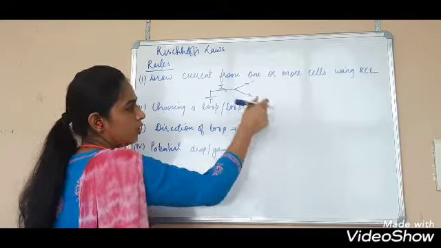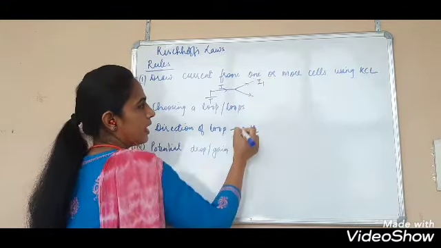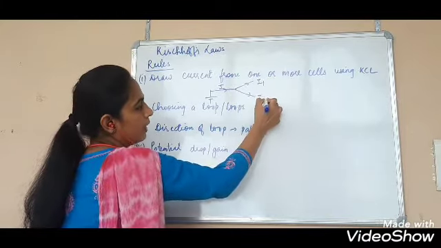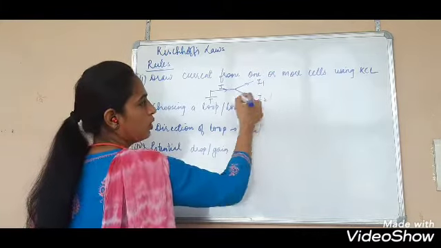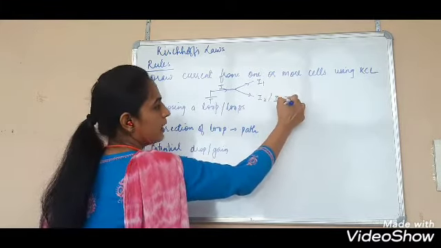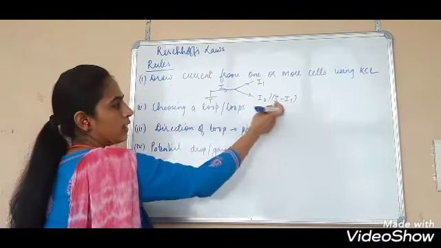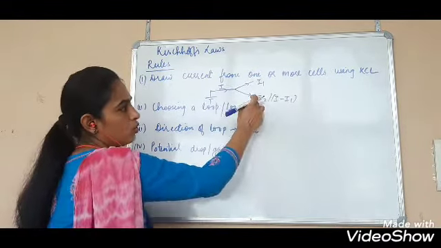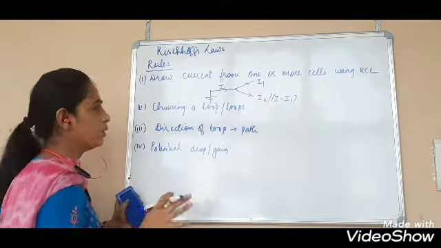Here there is a junction. You can call this I1 and this current I2, so I is divided into I1 and I2, or you can also call this current I minus I1. So I2 is equal to I minus I1, you can call it anything, and likewise distribute current in the whole circuit.